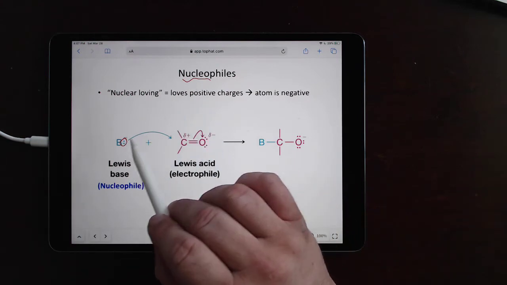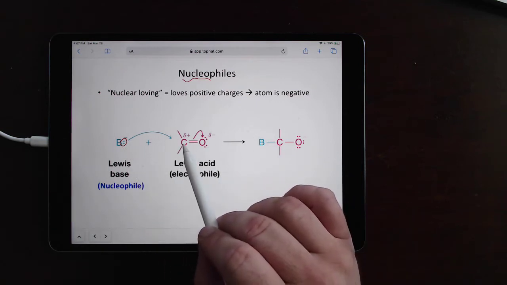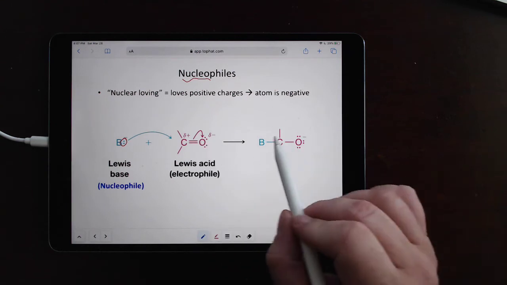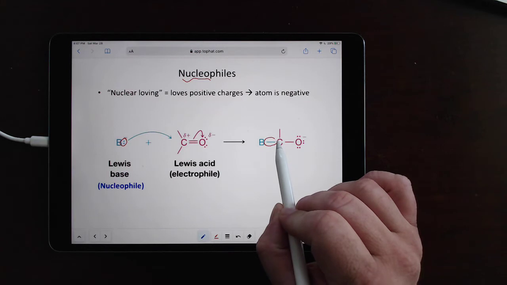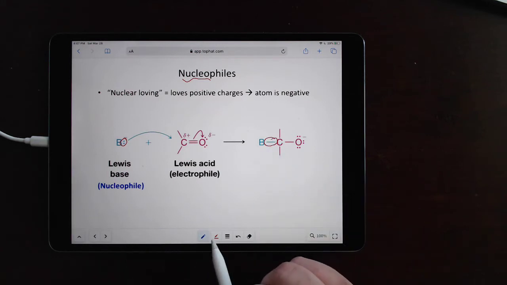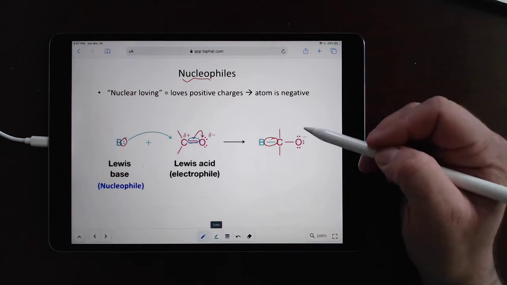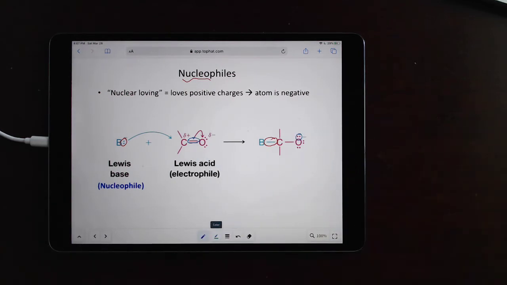So you are going to come in here. You're going to have a lone pair to make a new bond to that carbon. The carbon can't have 4 bonds, so it pushes those electrons up to the oxygen. But that lone pair ends up forming that bond there, and this bond here, those 2 electrons end up forming this third set of lone pairs right here.